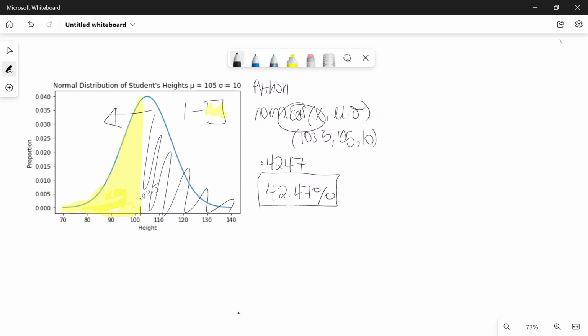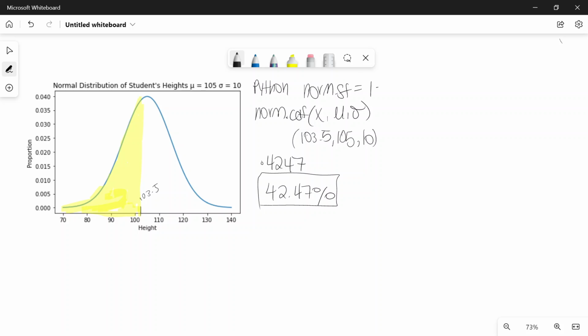So it's okay to just use norm.cdf if it's asking for the area below or to the left of a point, but if it's asking for the area or the proportion above, by the way, area and proportion mean the same thing, then I would have had to do 1 minus the yellow, which makes sense because 1 minus the yellow gives me this area over here. Or I could have just done the Python equivalent, which is norm.sf, which is equal to 1 minus CDF. So that's just a side note there.